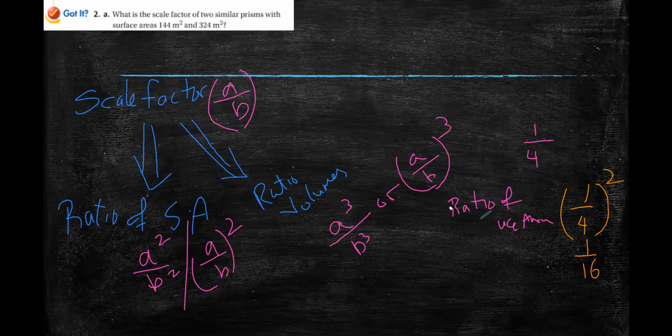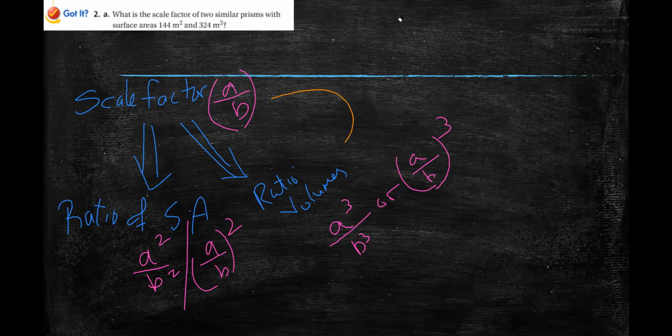The second idea is that sometimes I give you the ratio of volume or the ratio of the surface area, and I ask you to write the scale factor. So you have to go back.